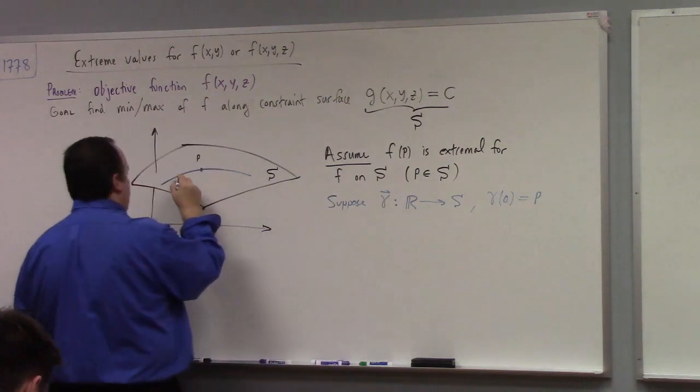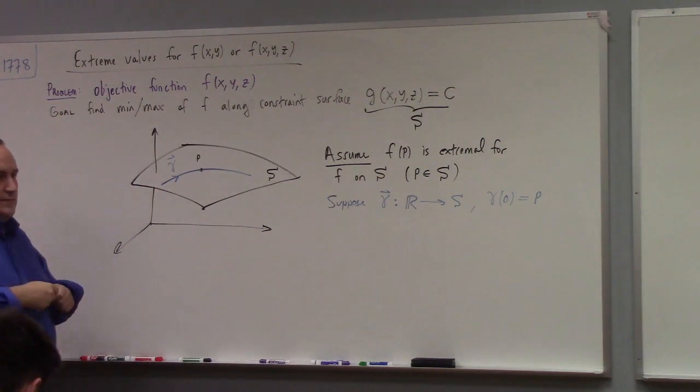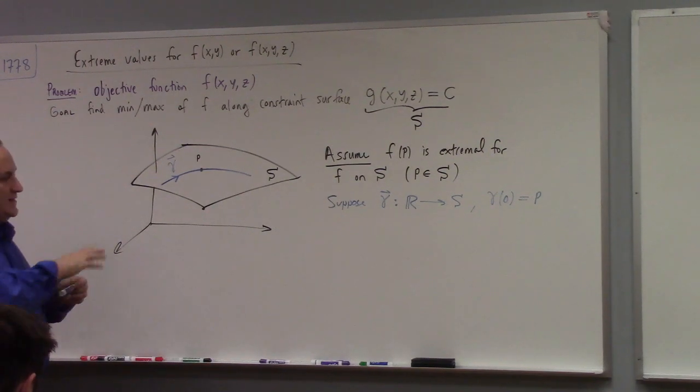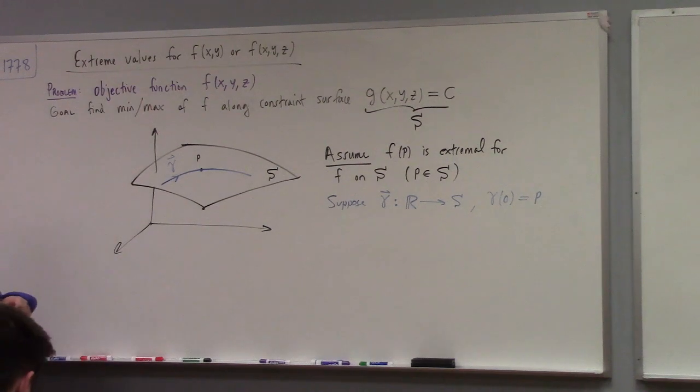So here's a curve, gamma. You guys tell me, if that curve is on the surface, what equation does it have to satisfy? What does it mean to say that it's a curve on the surface in this context?